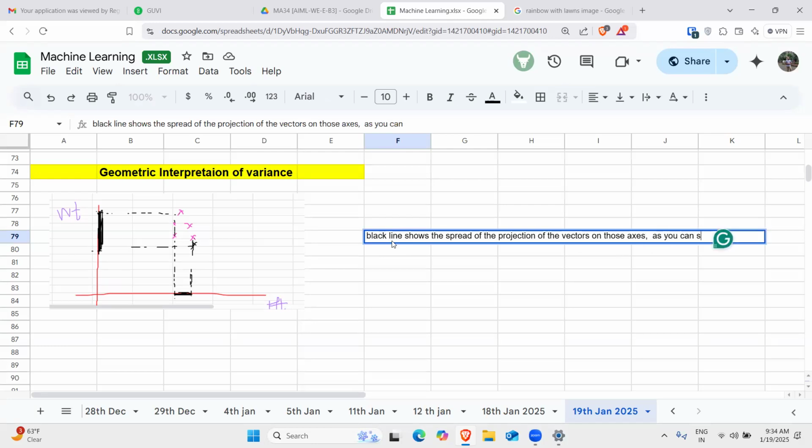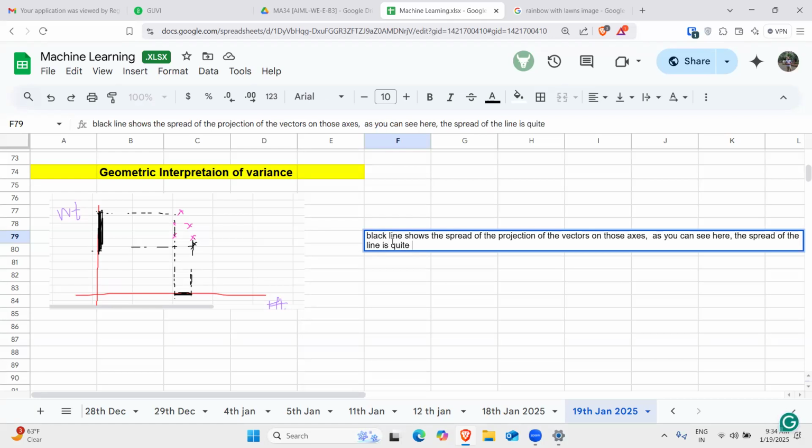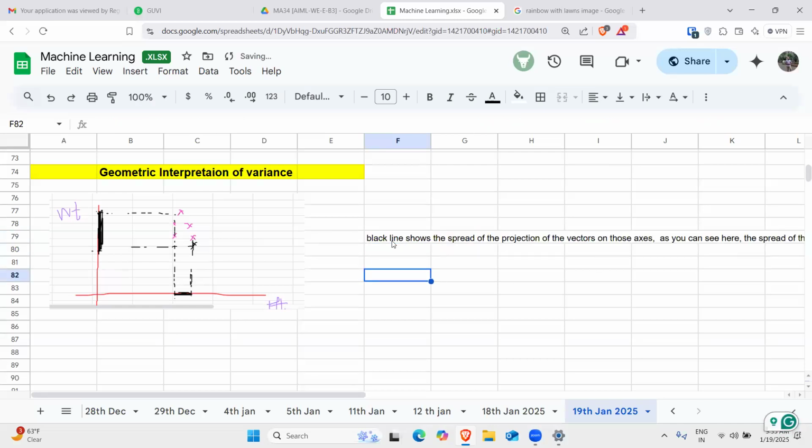And as you can see here, the spread of the line is quite good on the weight axis as compared to the height axis. Hence, you can say that weight has more variance than height.